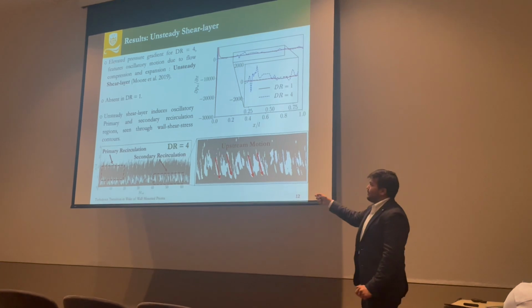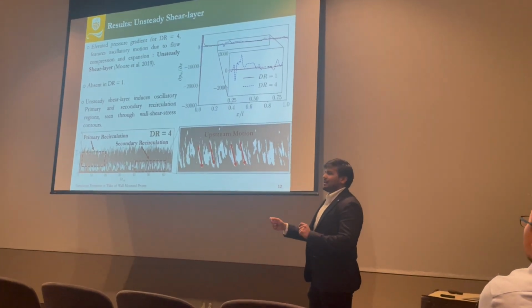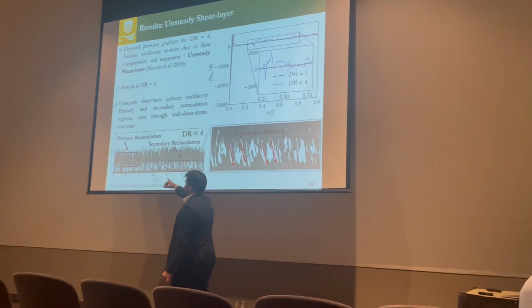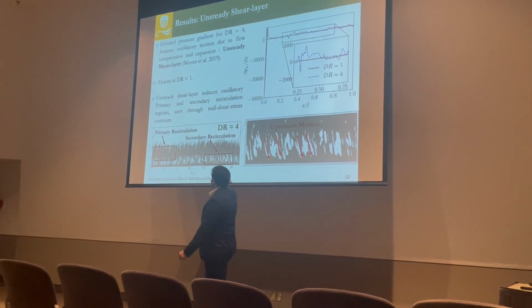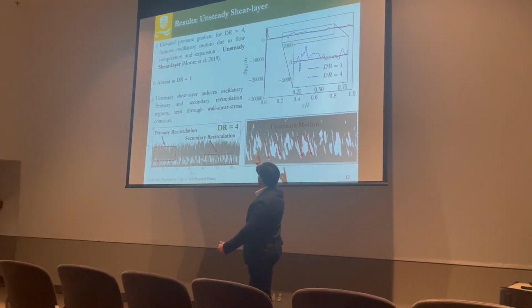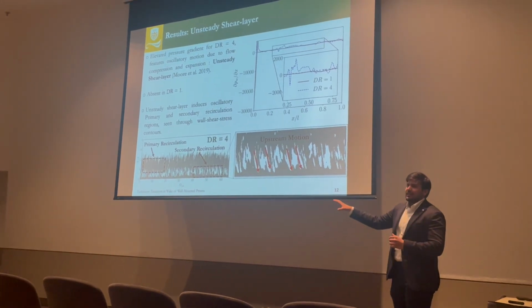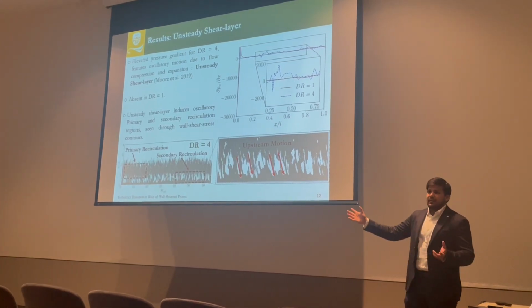Furthermore, an unsteady shear layer would induce an oscillatory primary and secondary recirculation, which are seen here for the long prism by these pincer-like structures for the primary recirculation, as well as the secondary recirculation featuring an oscillatory motion. This would tell us that, yes, the shear layer for this long prism is unsteady.